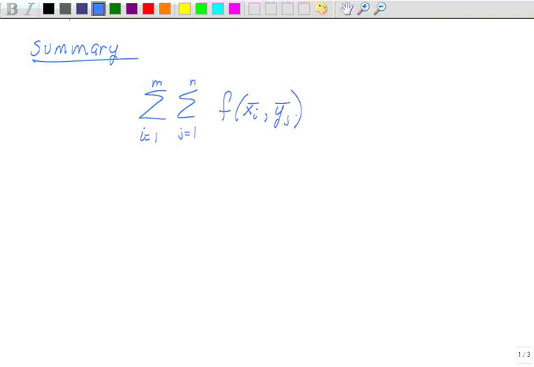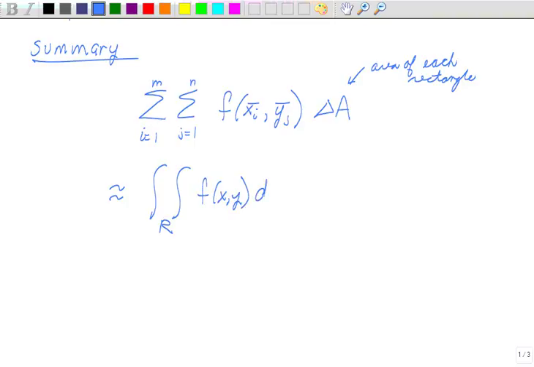It means you're going to take the height in each one of the rectangles, and you're going to add up, let's see, and delta A, that's the area of each rectangle. And we're going to take equal same size rectangles, so that delta A is going to be the same thing. And we're going to say that's approximately this double integral over the region of the function dA.